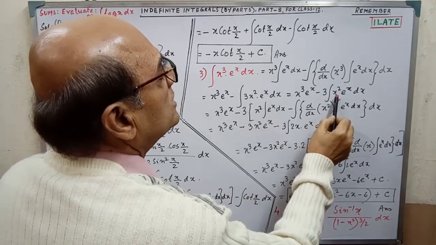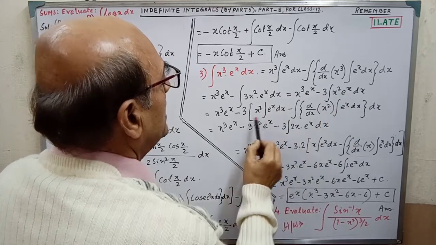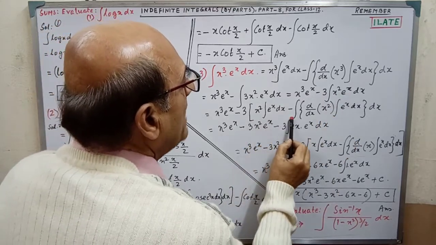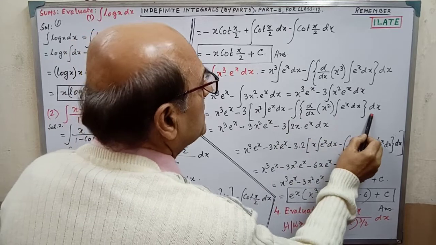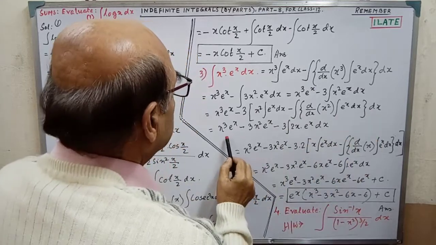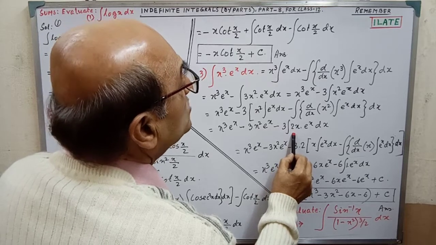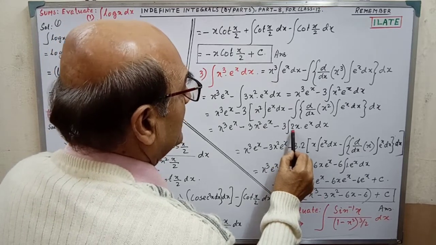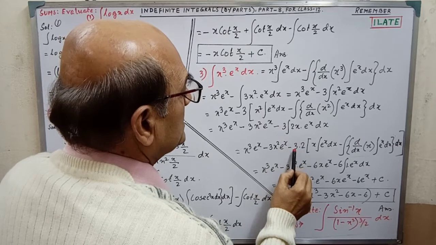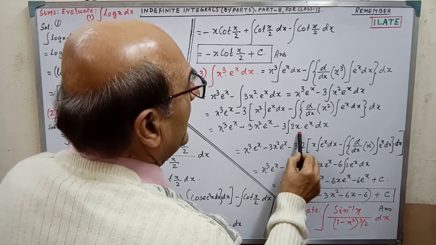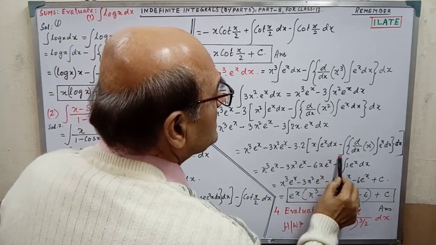And here also, this is algebra, this is exponential. By applying the formula, we are getting this expression. Then by simplifying, we are getting this. Still, this part we have to integrate again. This 2 will come outside, that is 3 into 2. And again we have to apply the same formula.